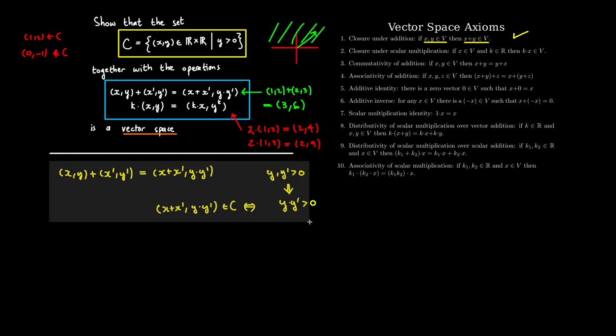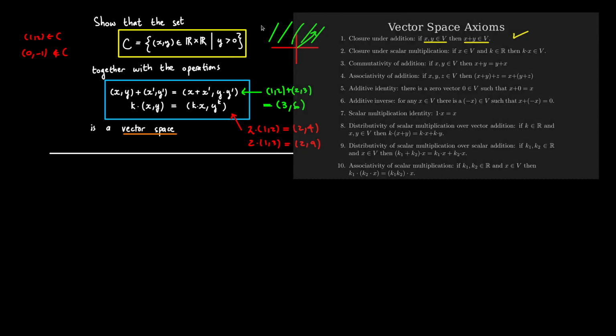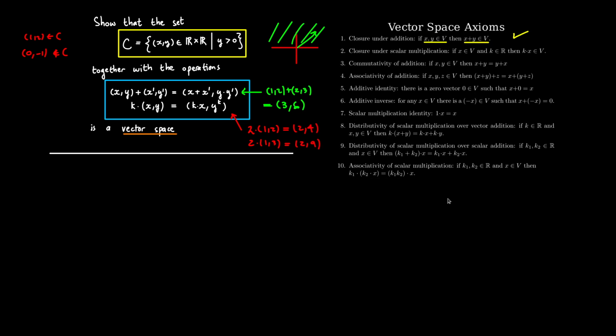All right, let's see why this structure here satisfies the second axiom, the closure under scalar multiplication. Okay, so I take an abstract vector here, x, y, let's say, and I scalar multiply it with a number. So I take here any number k, and I scalar multiply this with any vector here. Now the only thing I need to keep in mind is that y is strictly positive. Then I know just by definition that this is k times x, and this here is y to the power of k.